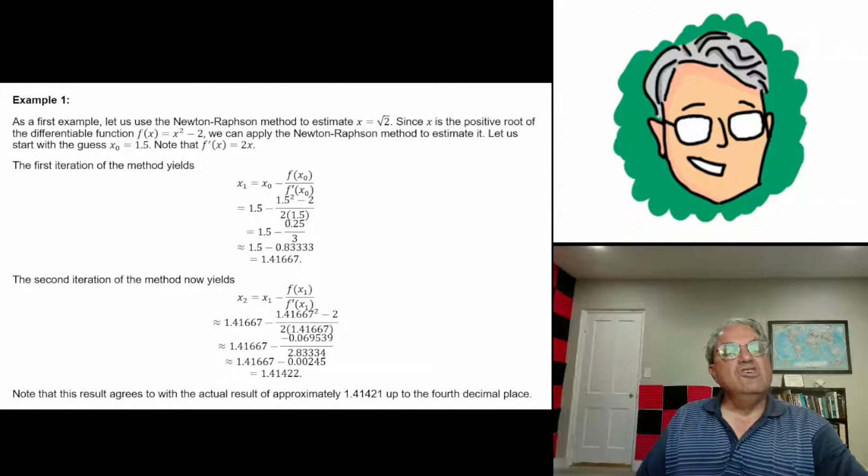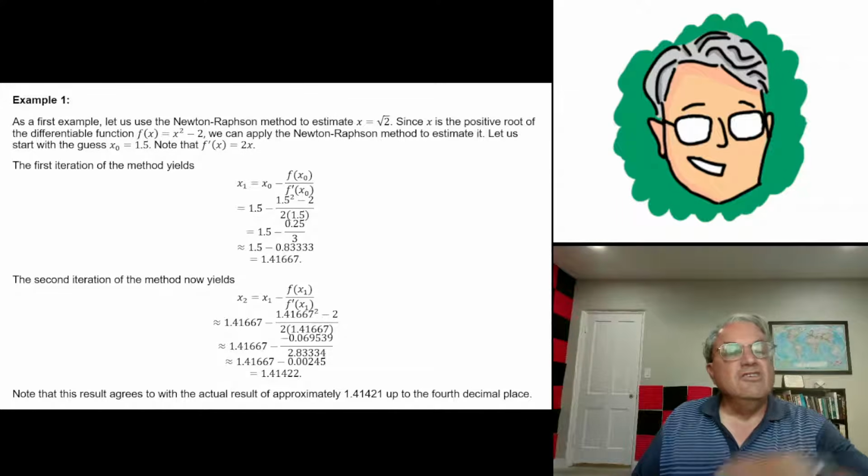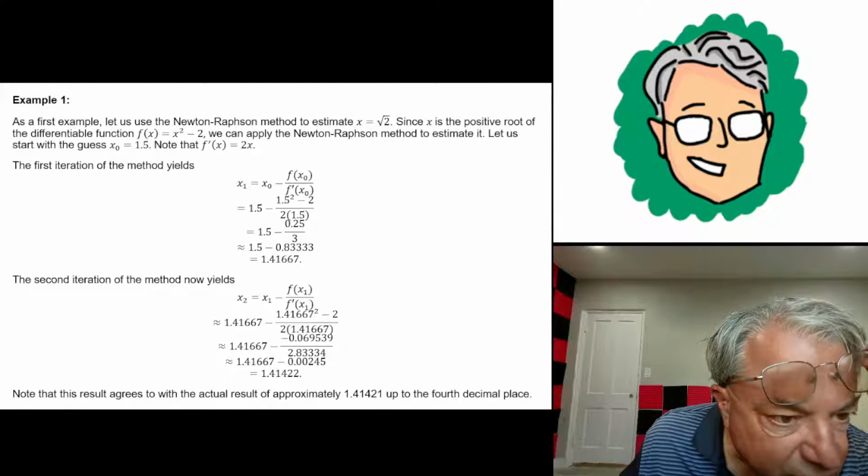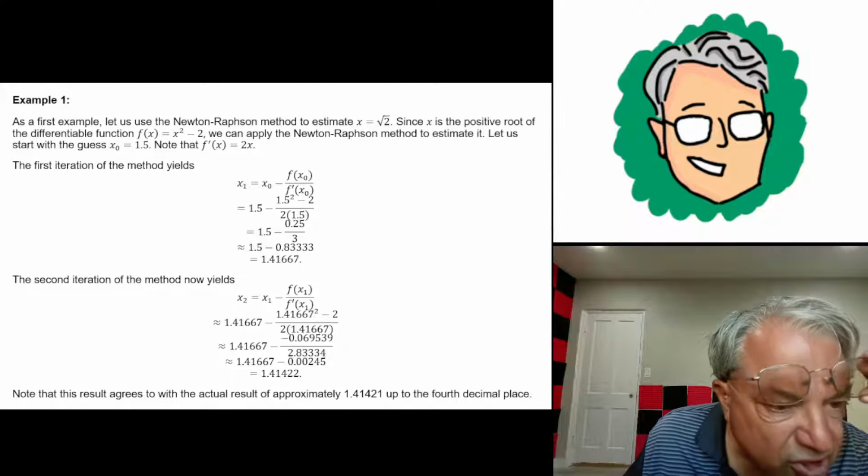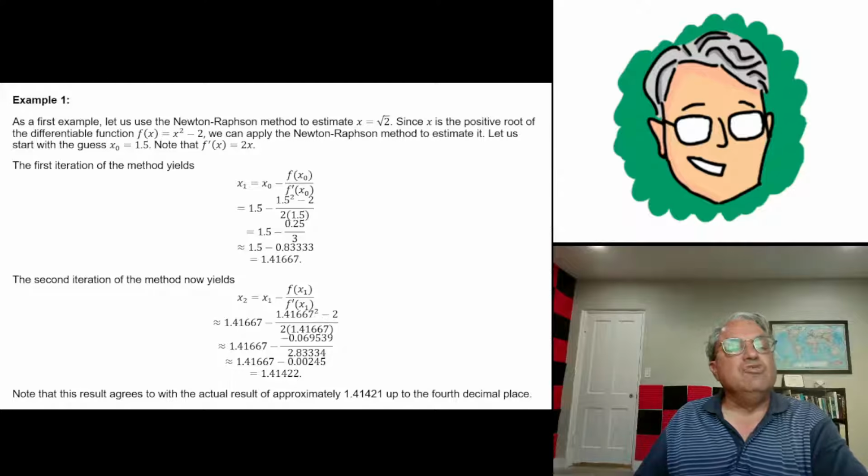So now the numerator of this fraction turns out to be just minus 0.069539. It's pretty small. And then the denominator is a lot bigger, 2.83334. The denominator doesn't typically get small, but the numerator does. And when you simplify this, you get 1.41667 minus 0.00245.